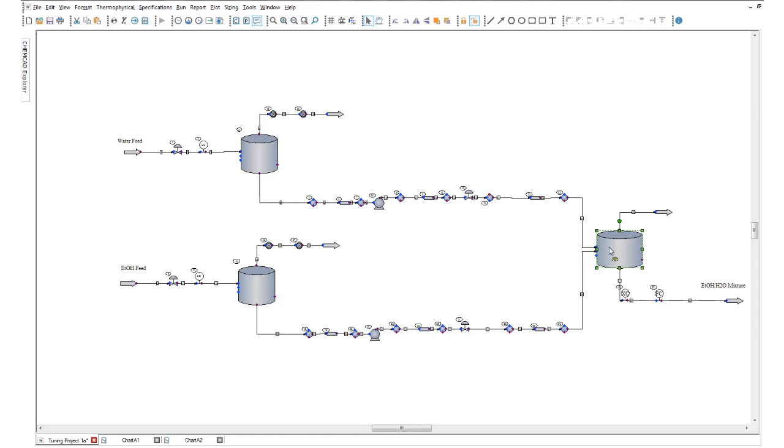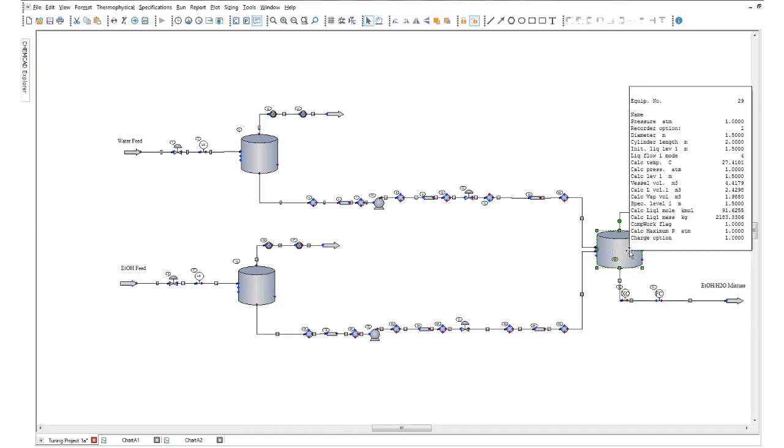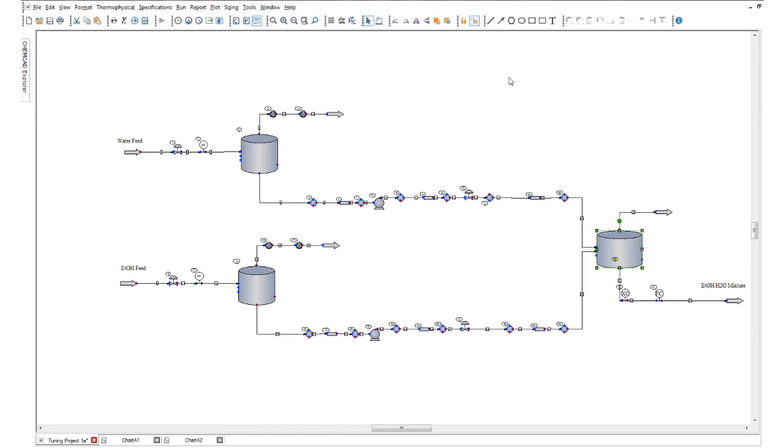And what we're trying to do is keep the flow rate and composition at a particular value. This tank is going to operate like a CSTR with an overflow. So we'll find that the level inside the tank will be constant.